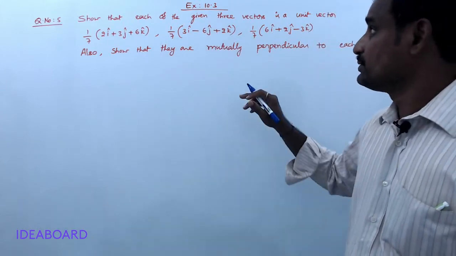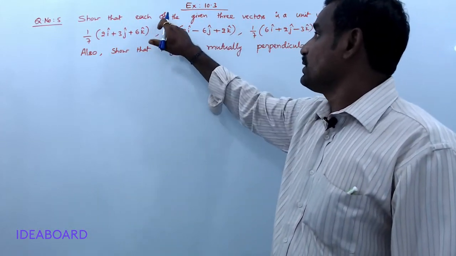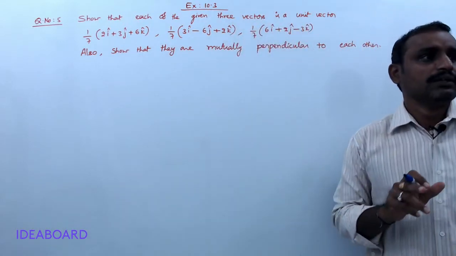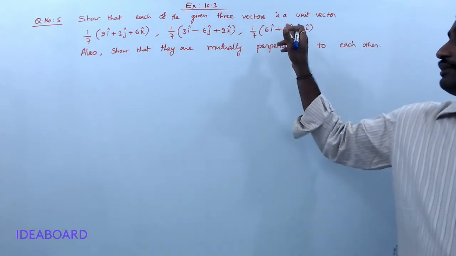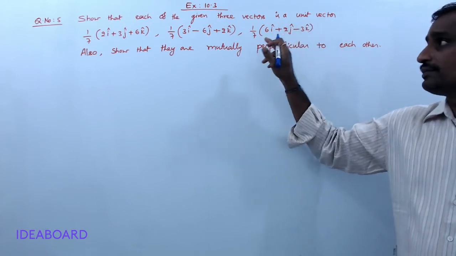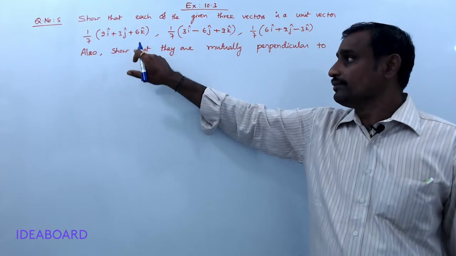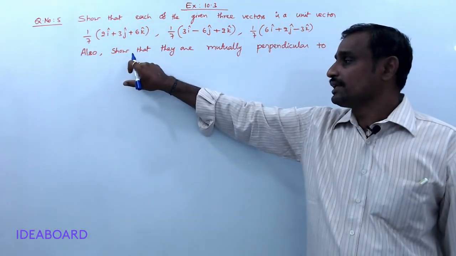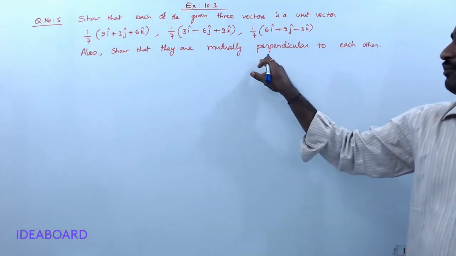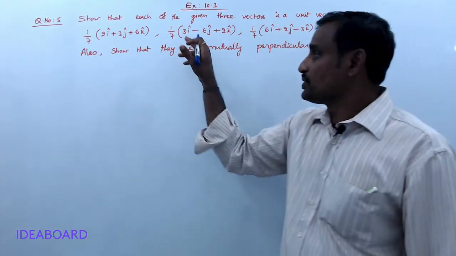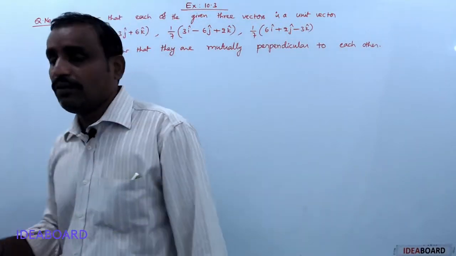What is the first sub-part? Each of the given 3 vectors is a unit vector. That means for each vector we need to show that it is a unit vector. Then the second sub-part is that they are mutually perpendicular to each other. So first we will discuss the first sub-part.